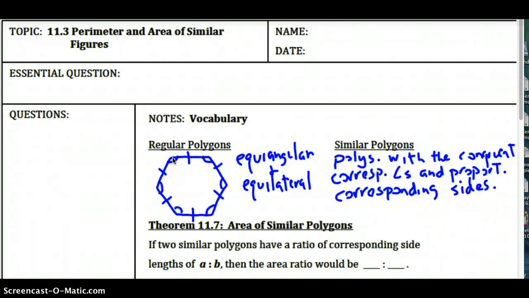Okay. So first of all, we have these kind of two major things here.